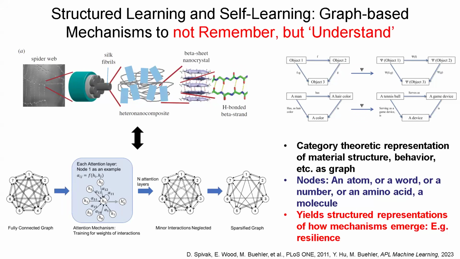This is actually my origin in getting into what today we call AI or machine learning or generative methods. About 15 years ago or so, we worked on this with David Spivak, Elizabeth Wood, and others, and we built categories, graphs, essentially, of knowledge. We did this not only to describe materials, but also to create isomorphisms and relate different systems.